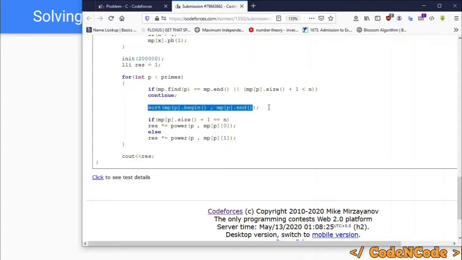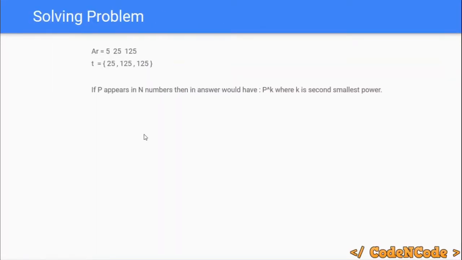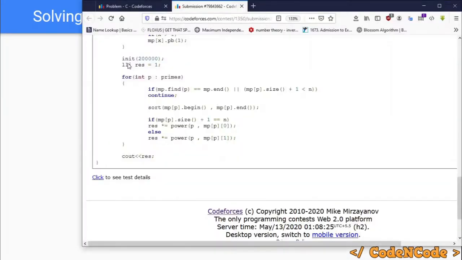Now we are simply sorting the whole vector for this prime. The reason is this: we will see whether this prime is appearing exactly n times or whether this prime is appearing n minus 1 times. If this prime is appearing n minus 1 times, then in the answer this prime p will be present the least number of times, right?